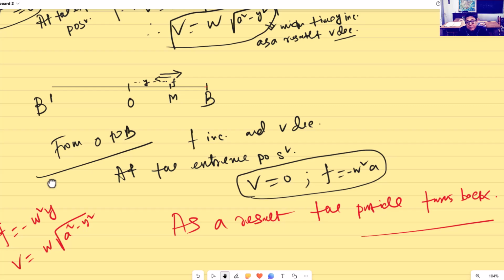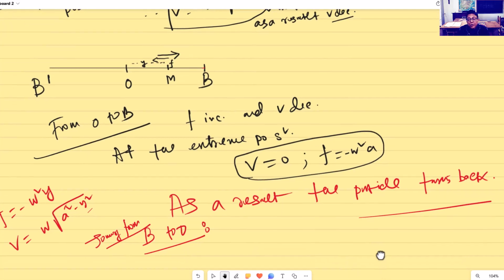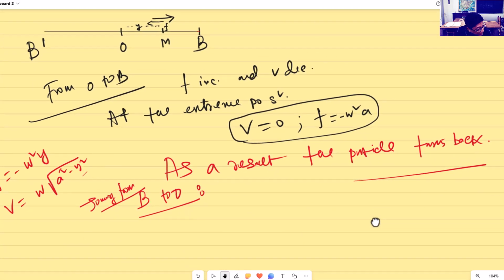And when it goes towards O, the value of y decreases. Now we consider the journey from B to O. What do you observe? Y stands for displacement from the mean position.